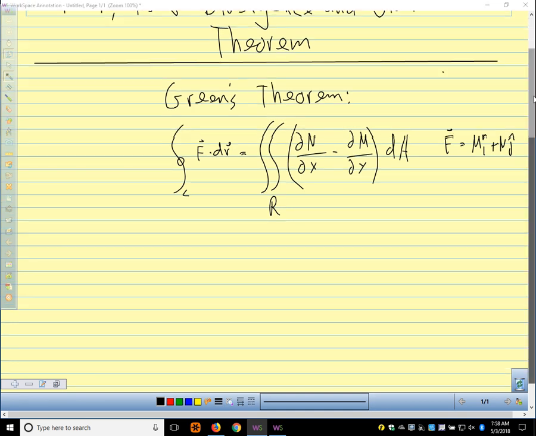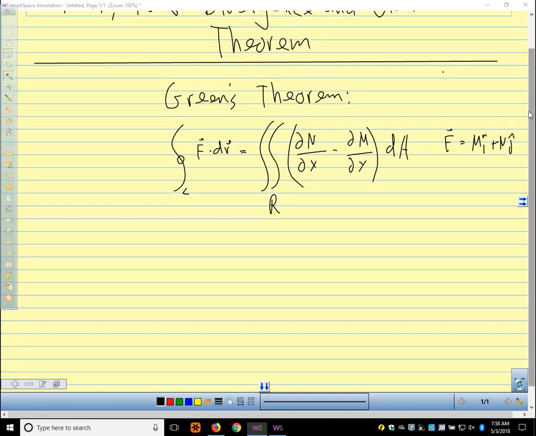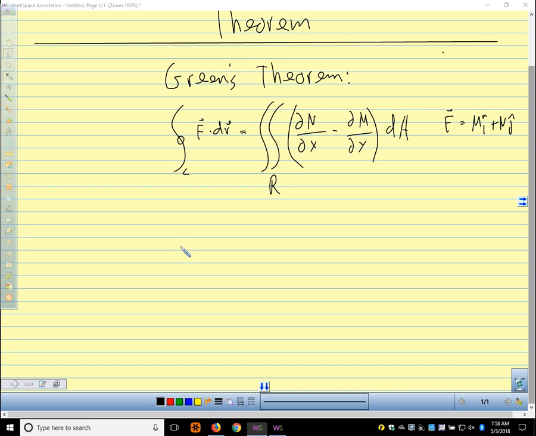And we came up with a couple of other forms of Green's theorem. We talked about doing the line integral of the tangential component of F, and we talked about integrating the outward normal component of F around that simple closed curve. And we came up with a couple of forms.